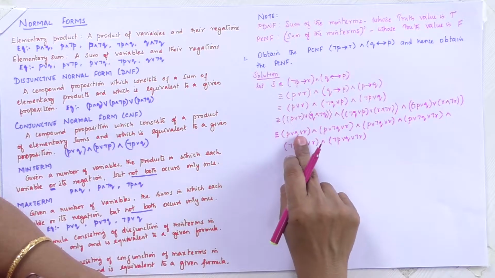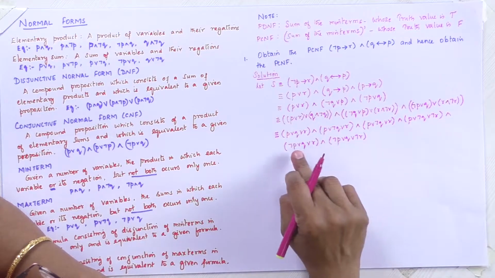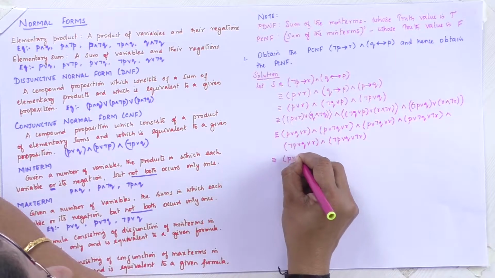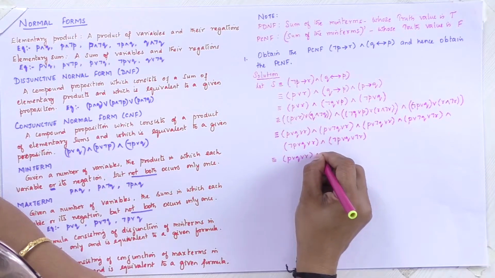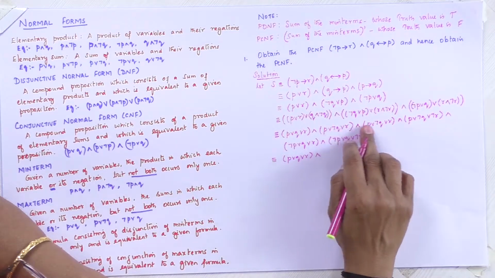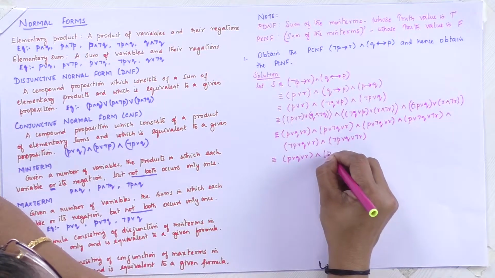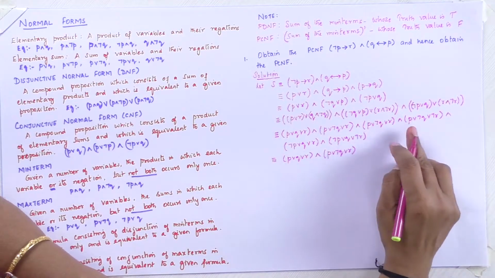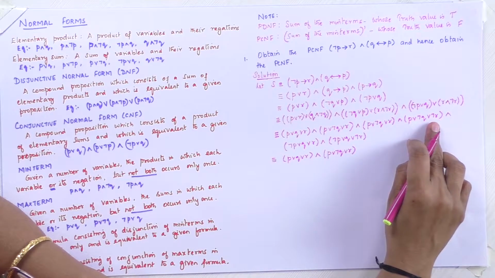See here, I will have to check whether PQR is present anywhere. Nowhere. So, this is P or Q or R, and then P negation Q R, which is repeated, so I will consider it only once. Then P negation Q negation R. Is it repeated?